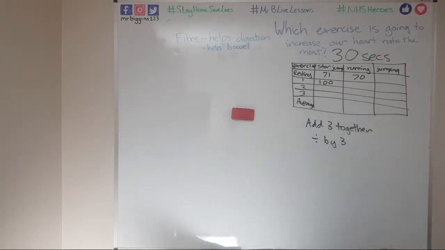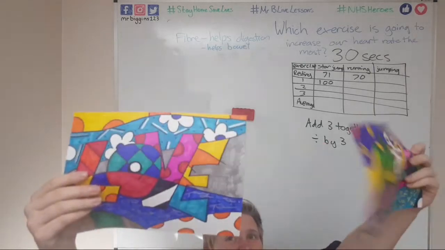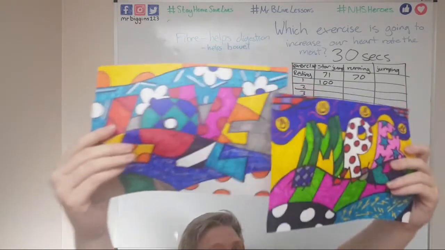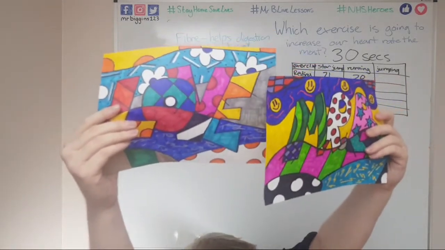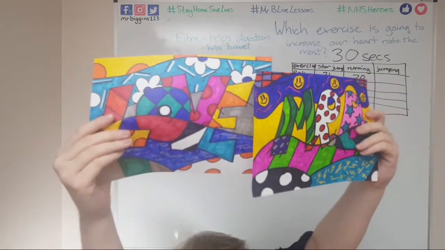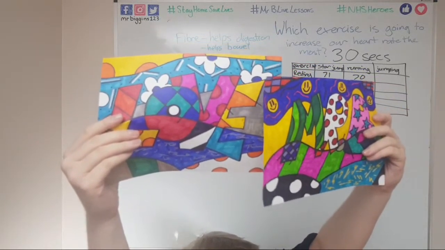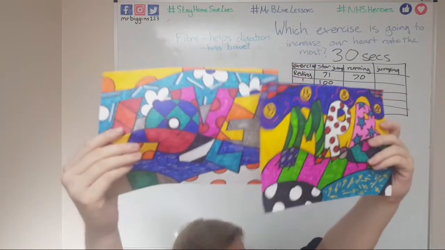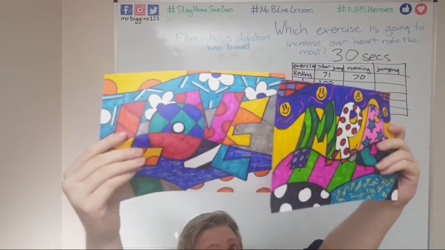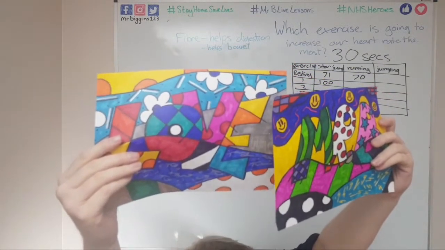Art this afternoon, some people are asking. We are creating some art in the style, if you can see those, I'm just waiting for the light to catch up, of a famous Brazilian artist called Romero Brito. So we're going to be making things that look a little bit like this, working through step by step.